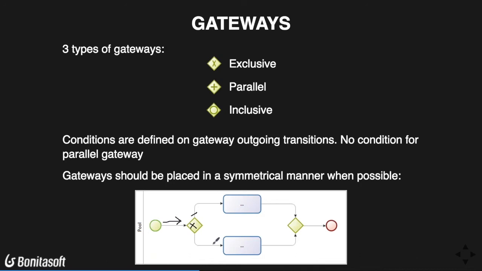Basically, let's say you have a process to register someone for a driver license, for example. You will require the person to enter his birth date. And if he's under, let's say, 16 years old, you will go through a specific flow to reject his request, for example.